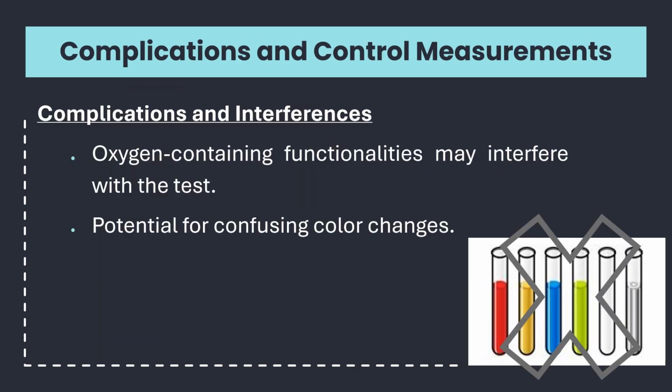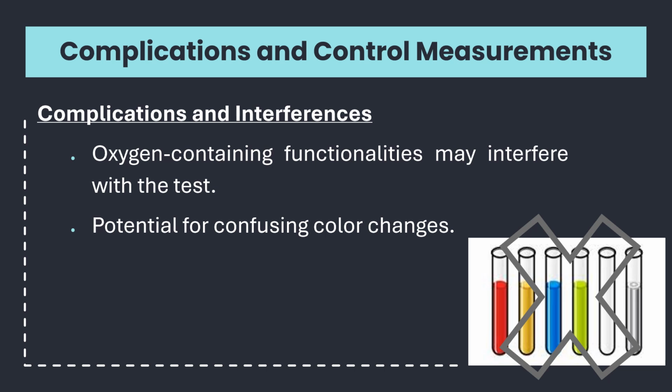It is important to note that certain complications can arise during this experiment. For example, oxygen-containing functionalities in the aromatic compound can interfere with the reaction and lead to unexpected or confusing color change. So it's crucial to carefully select the aromatic compounds that we use to ensure accurate results.